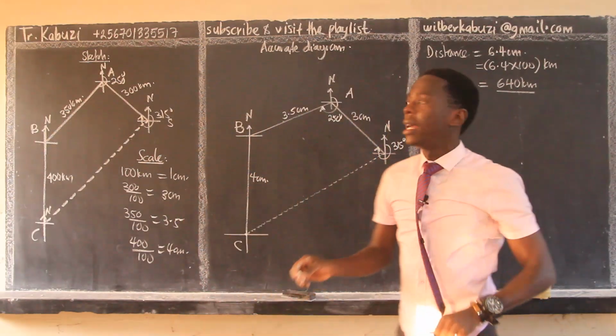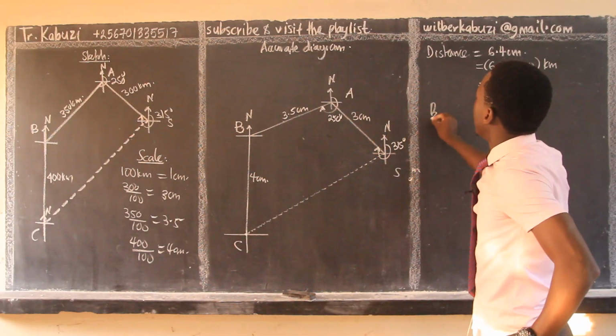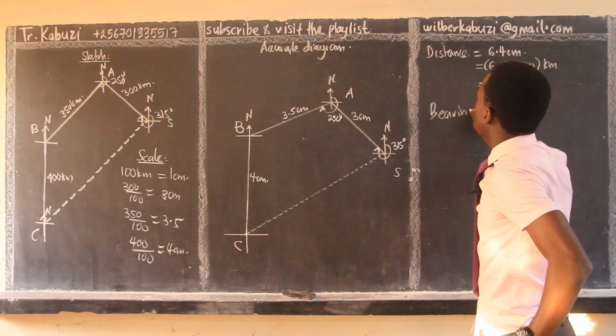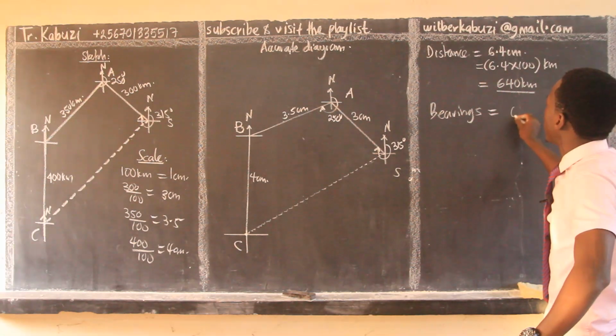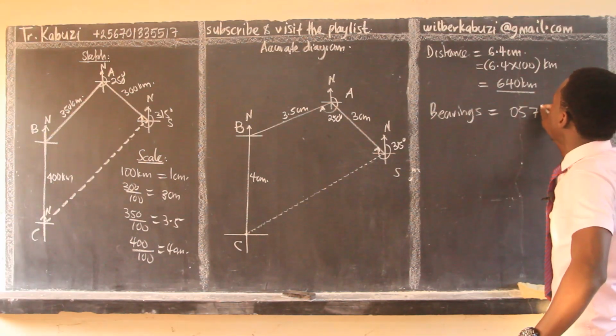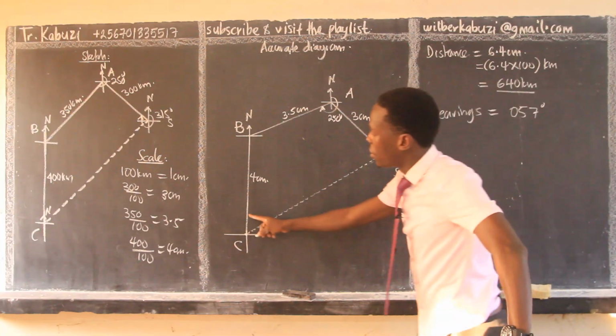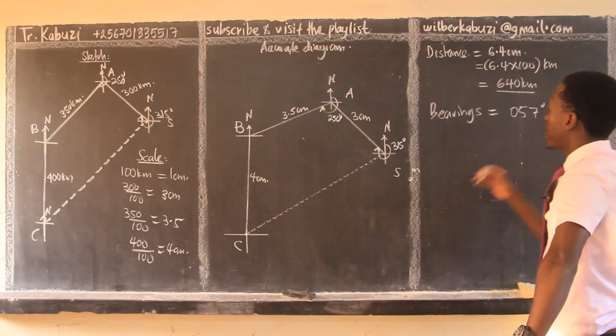But remember, the bearing is given with 3 digits. Because we have only 57, so 057 degrees, or you can say north 57 degrees towards the east.